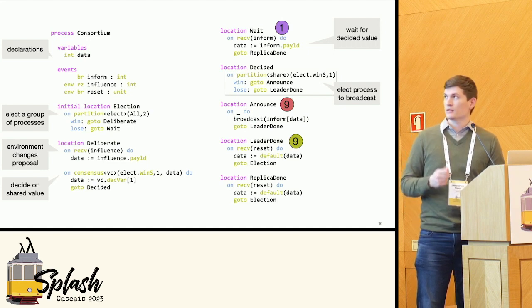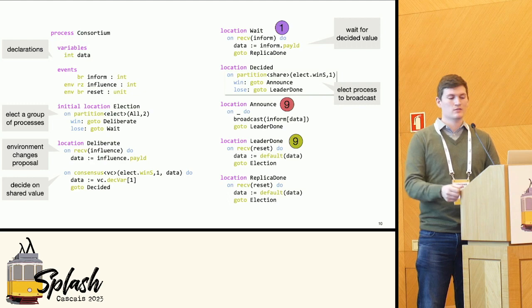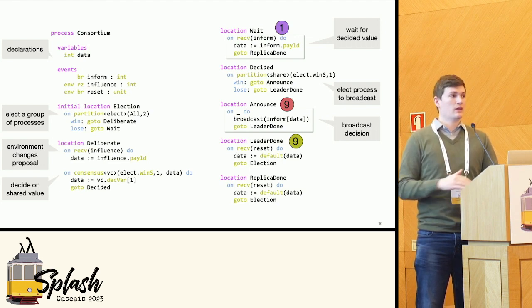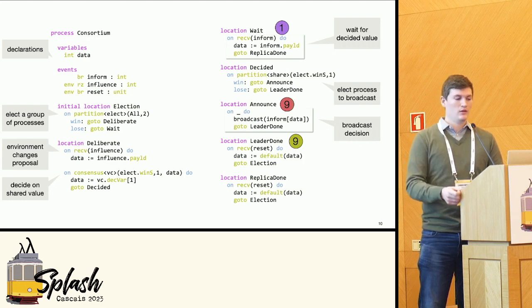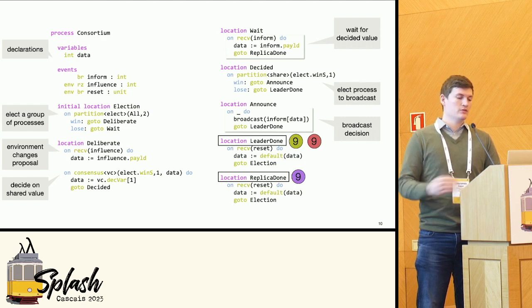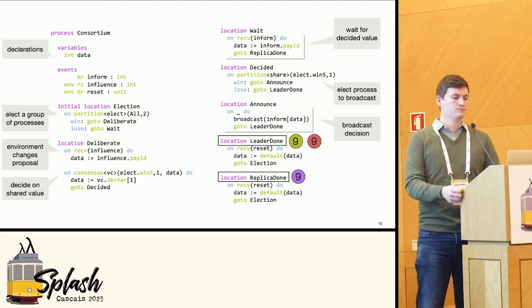Here, the elected process is the red process, and the other process goes to the leader done location and stops. From the announced location, the elected process broadcasts the result of consensus to any processes in the wait location, such as this purple process here, and then it moves to leader done. And each process that receives the announcement then moves to the replica done location.